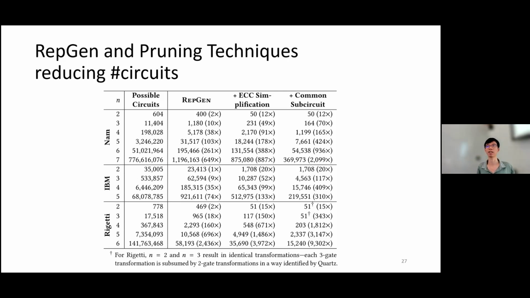They are divided into many ECC sets, and about 90% of the ECC sets only contain a pair of circuits, so just 2 circuits each. So it's still tens of thousands of ECCs in the ECC set. How many input qubits? Oh, yeah, the q is always 3 in this table.